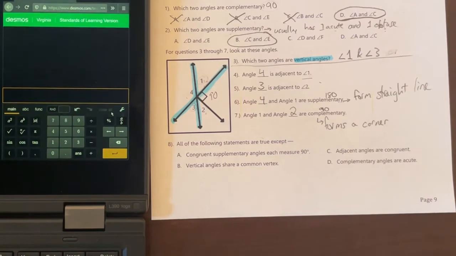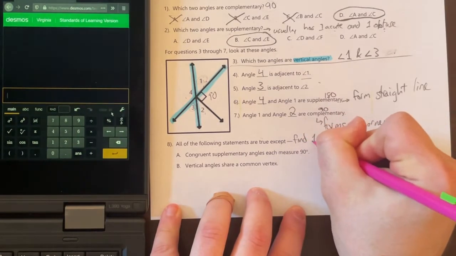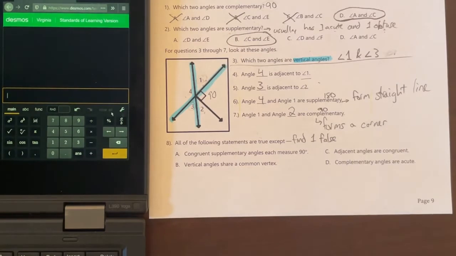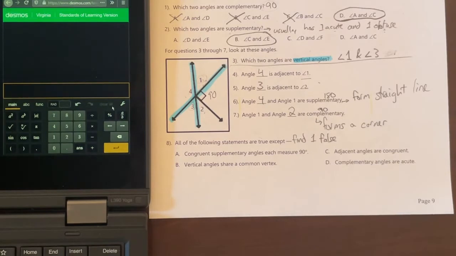And for number 8, it says all the following statements are true except. So we have to find the one false. If you need to, you can say this is true because of this, or this answer is false because of this. So always be able to back your claims with factual statements.